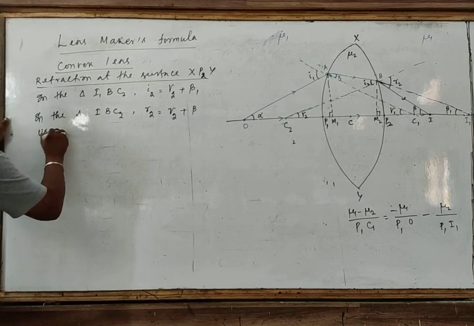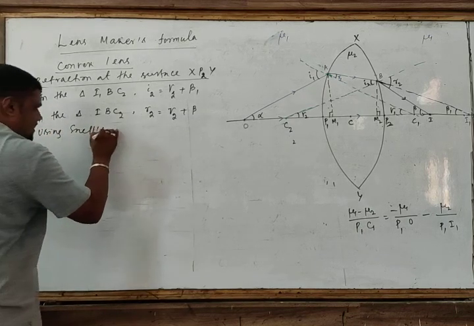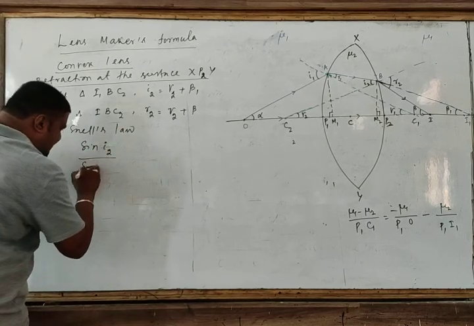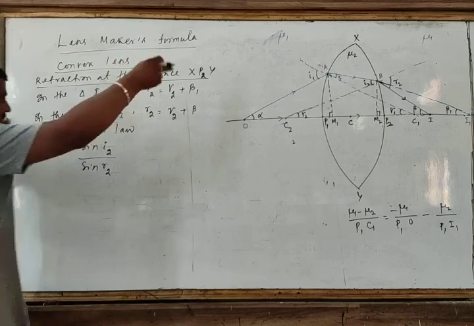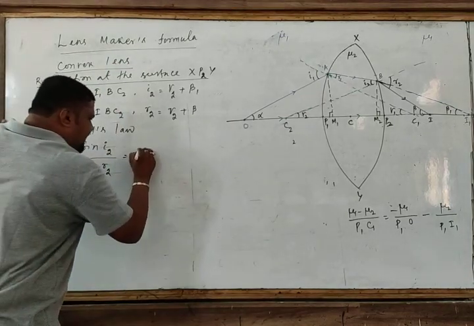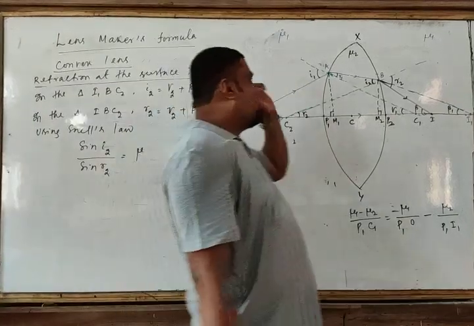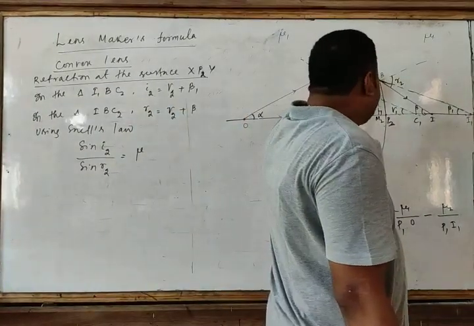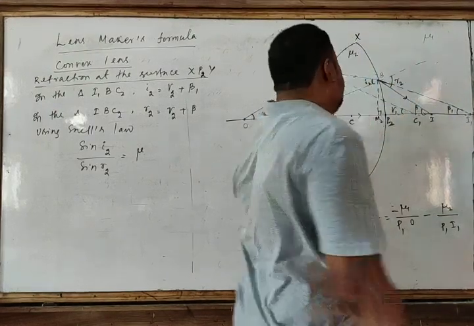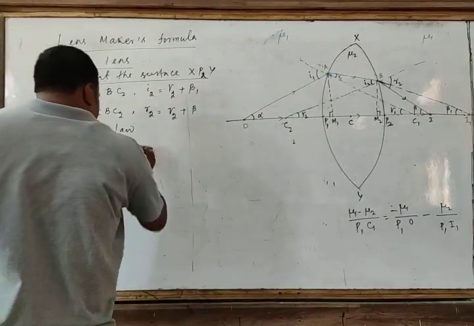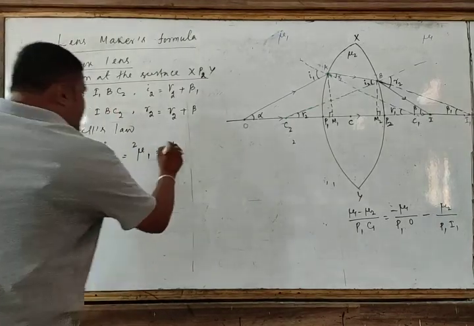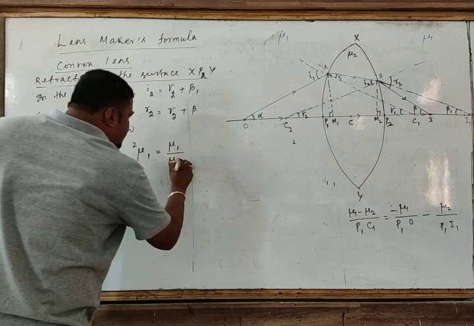Using Snell's law, sin I2 by sin R2, because the refraction on that surface X P2 Y, angle of incidence I2, R2, is equal to the refractive index of which medium? The ray is traveling from the denser to the rarer, so the refractive index of rarer with respect to denser is mu 1 divided by mu 2.